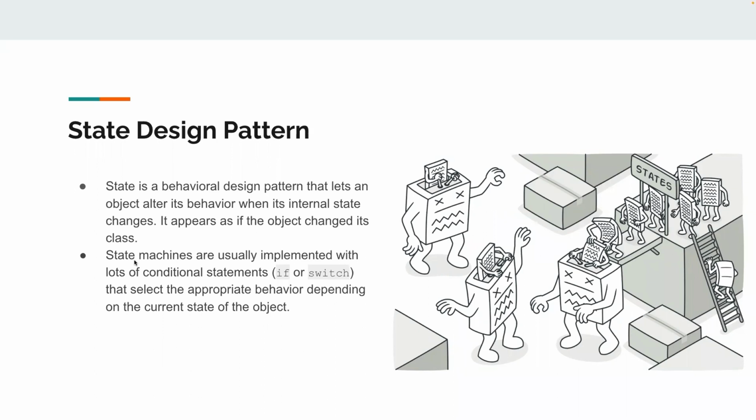These state machines are usually implemented with conditional statements like if and switch, and there may be nested conditions as well. Based on the appropriate behavior, it will change to its next state. Next slide, please.